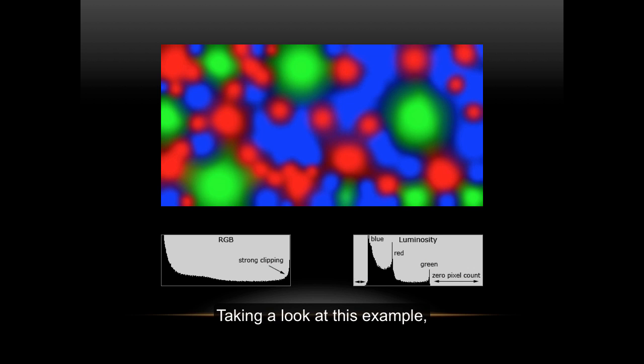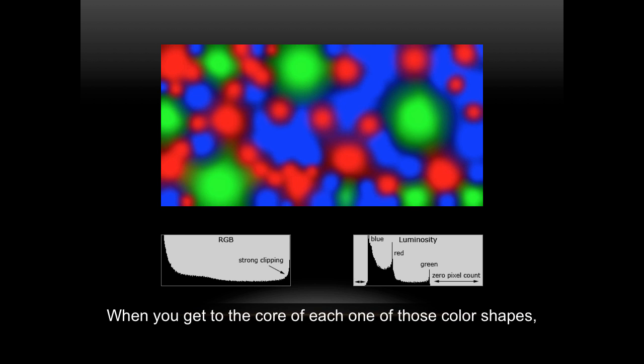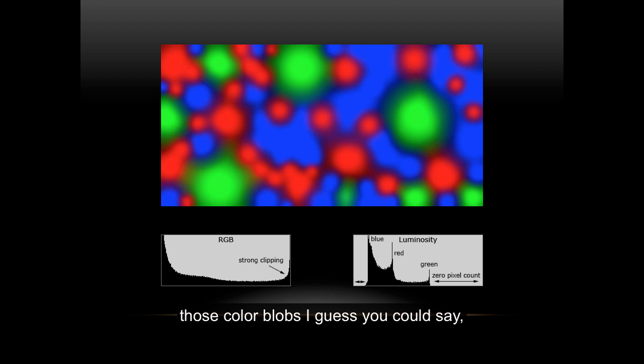Taking a look at this example. If you look at the image, it's got multiple colors in it. When you get to the core of each one of those color shapes, those color blobs, I guess you could say, the intensity of that specific color reaches 255. So if you look at the green, the very center of that green is at 255.